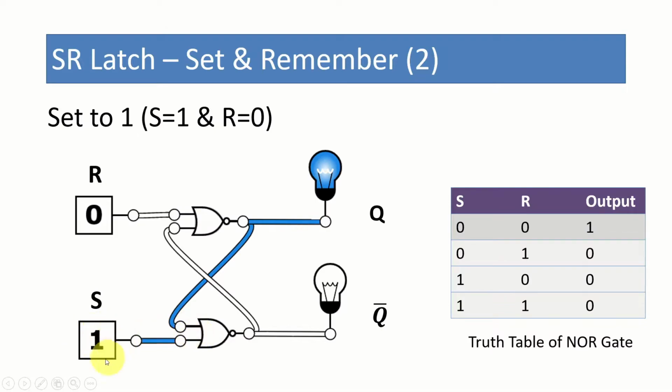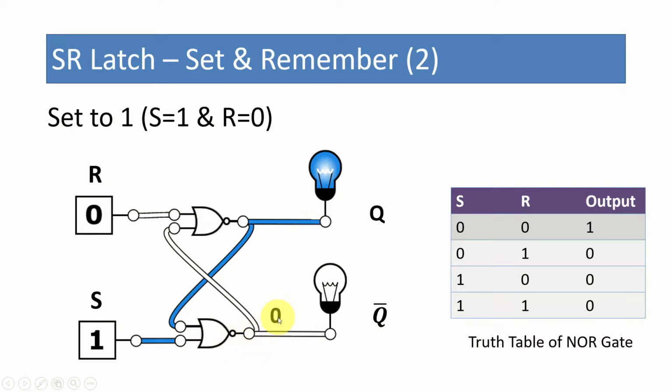But when you look at this side, you can see that when at least one input is 1, it is guaranteed the output is 0. So therefore, this output is definitely 0, because when at least one of the inputs is 1, the output is 0, and we know that one of the inputs is 1. We don't care whether this is 1 or 0. Guaranteed that the output is 0.